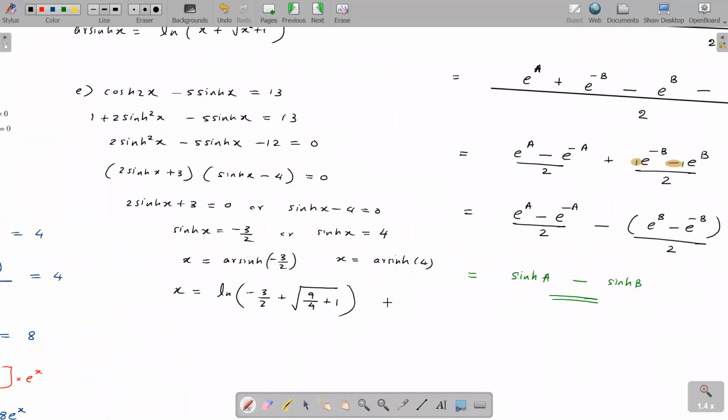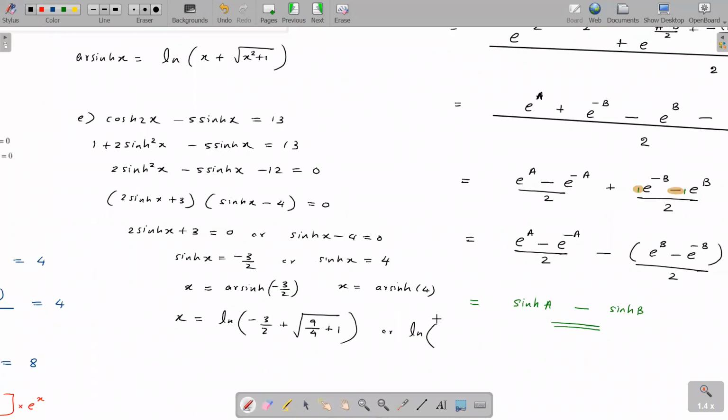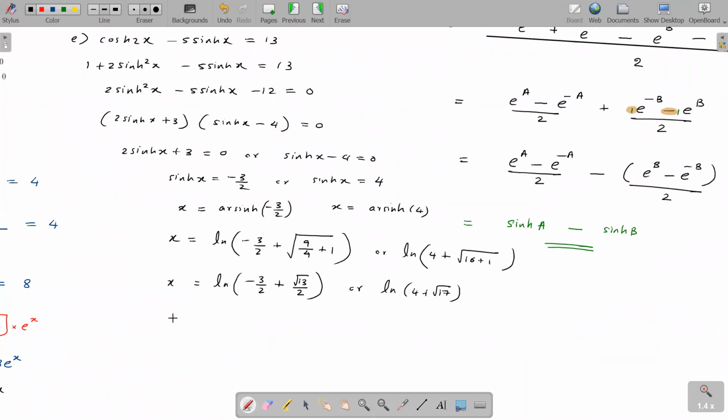Or the other answer is natural log of 4 plus root 4 squared, that's 16, plus 1. Right, guys? So let's simplify. You get 9 over 4 plus 1, so it's going to be root 13 over 2, and this is going to be natural log of 4 plus root 17. Those are your two answers.